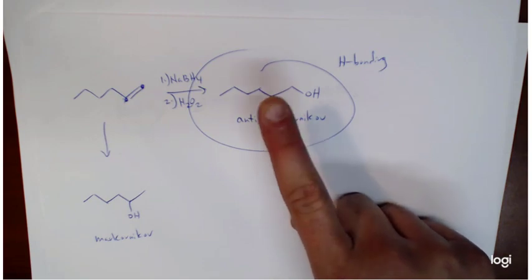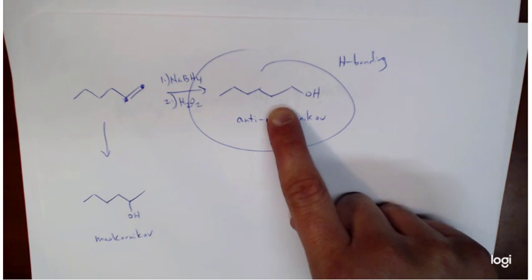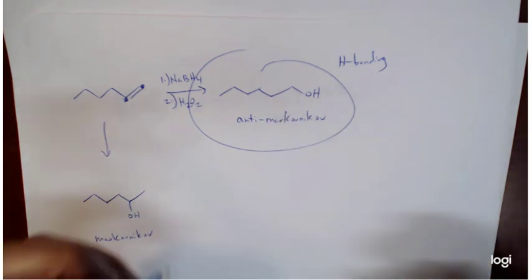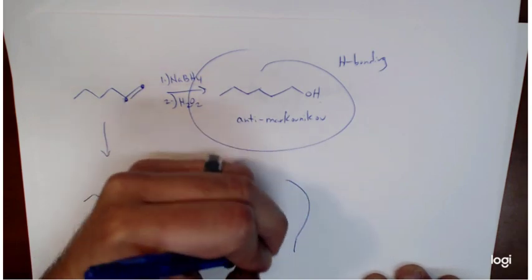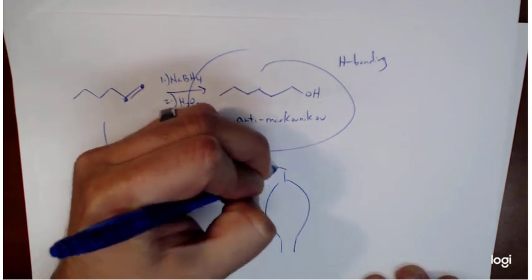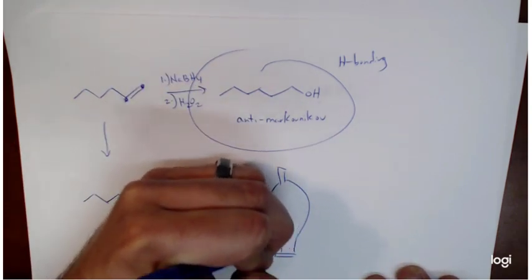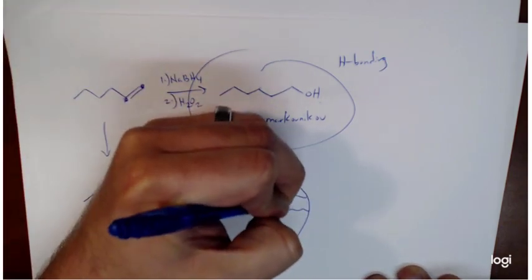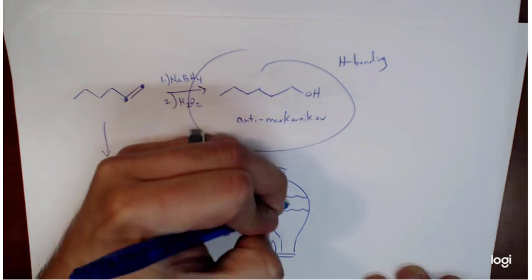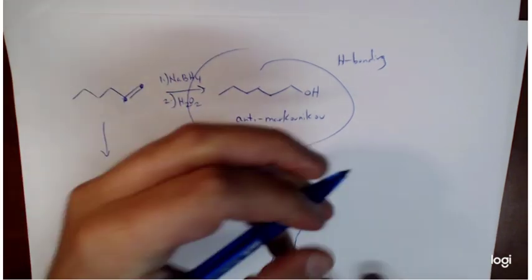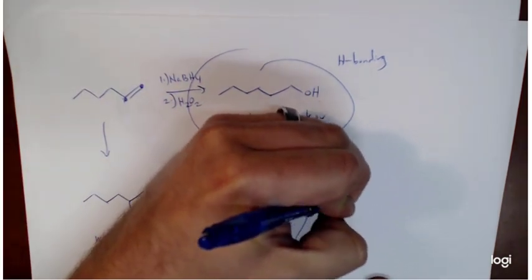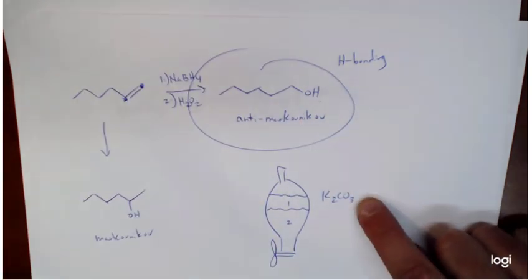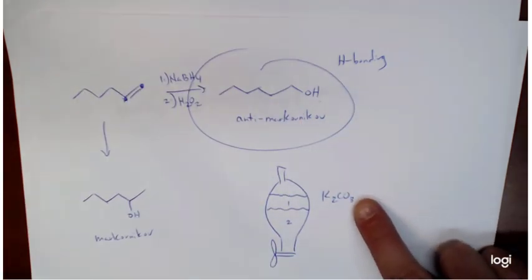So one thing that you'll do to help increase the solubility, specifically in the organic layer, is add to your separatory funnel, when you have your two phases, phase 1, phase 2, potassium carbonate, which is highly soluble in water, and it actually salts your water.